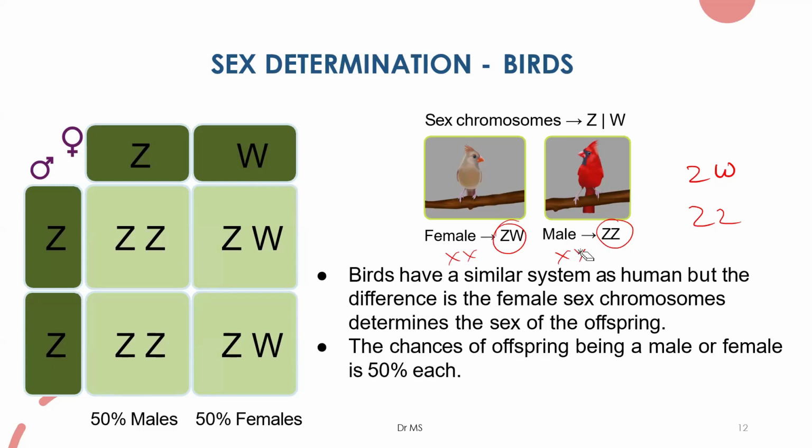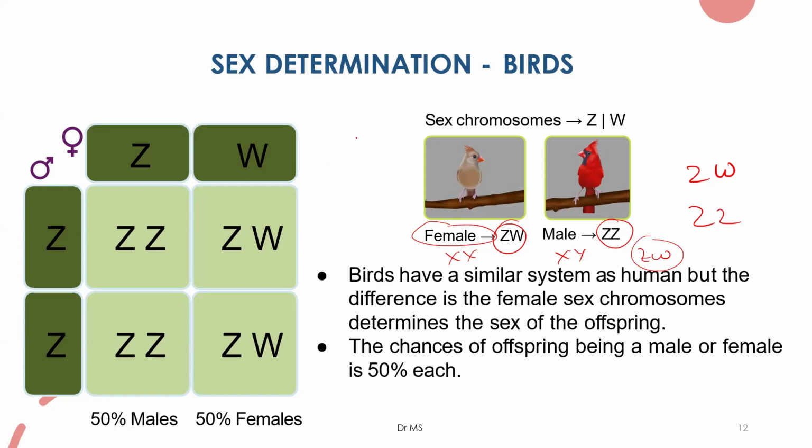So here, the male is the determinant in humans. But coming to birds, it's the female who determines the sex of the zygote. If the Z meets with the Z male chromosome, then it's a male. If the W meets with the Z sperm, then it will be ZW, which is the female. Remember, this is very important.